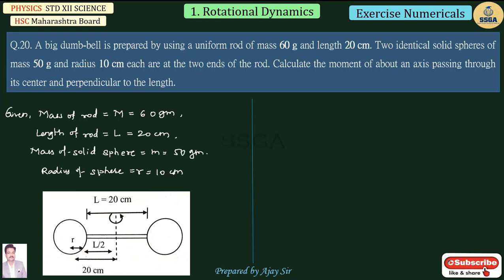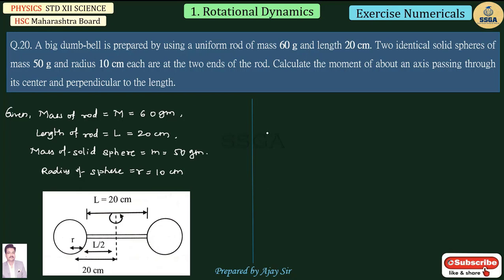So you have to find the moment of inertia of the system about the axis passing through the center of the rod and perpendicular to the rod. So this is the axis perpendicular to the rod. So let us find out that.